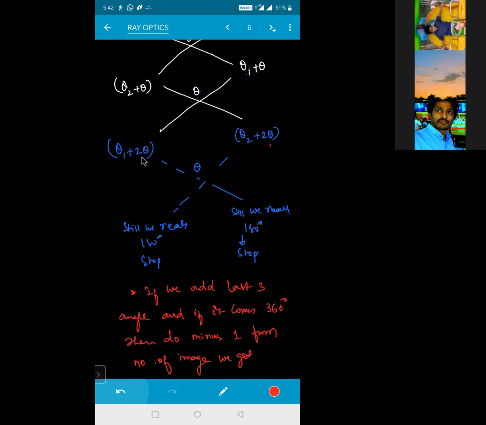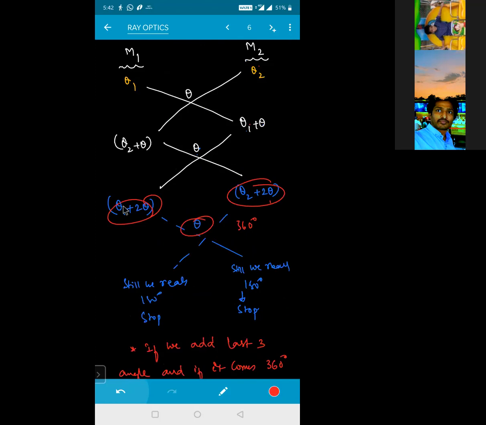Say this one and this one, if I'm getting 360 degrees, what do you do? How many images were formed actually? 1, 2, 3, 4, 5, 6. But if the sum of these 3 angles is 360 degrees, we do 6 minus 1, which equals 5. That means the final image is coinciding. That is the reason we are doing minus 1.